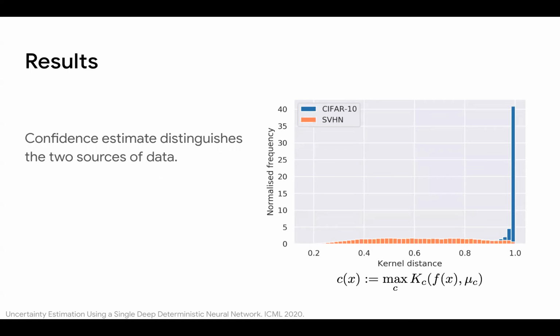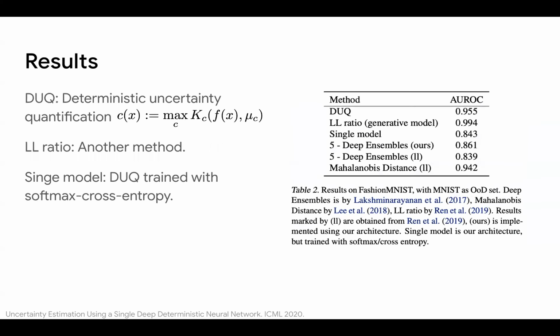Now if you do that, there are some results showing that in distribution, which is CIFAR-10, and out of distribution data tend to have different kernel distances. Therefore, it's a good indicator for separating out of distribution from in distribution cases. In terms of numbers, this is quantified in area under curve. DUQ is the quantification using this RBF kernel.